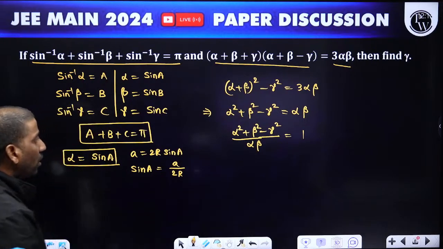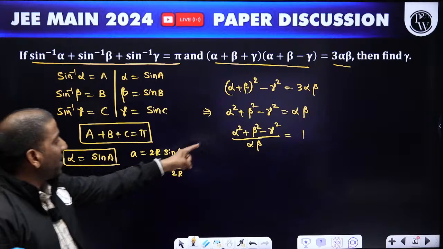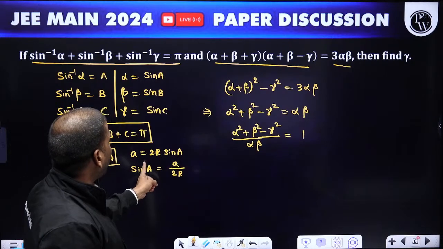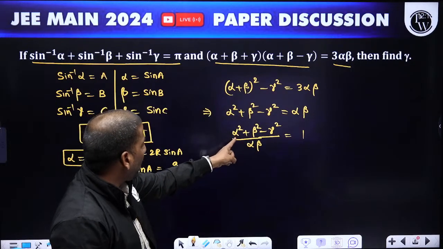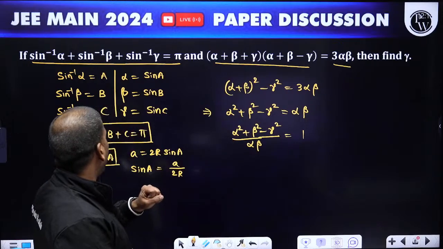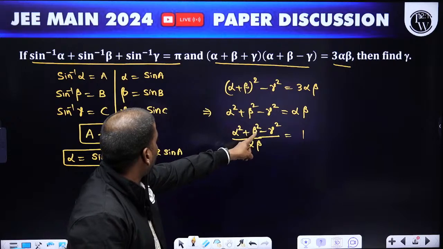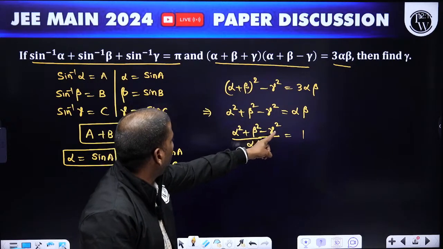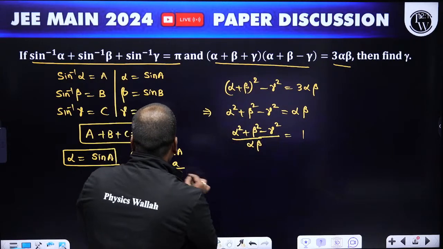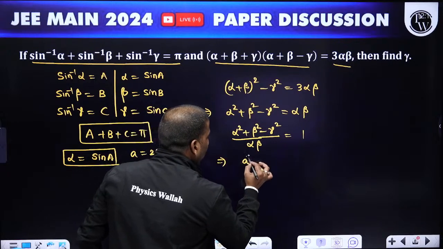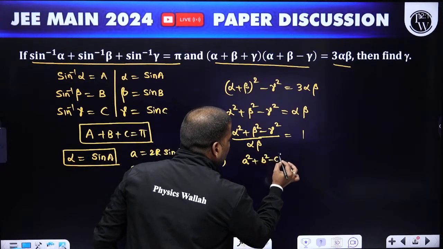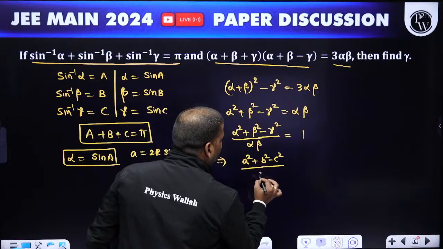If you multiply numerator and denominator by 4R square, this is a square, sine square A, 4R square sine square B, 4R square sine square C. So that means it is nothing but a square plus b square minus c square by ab.